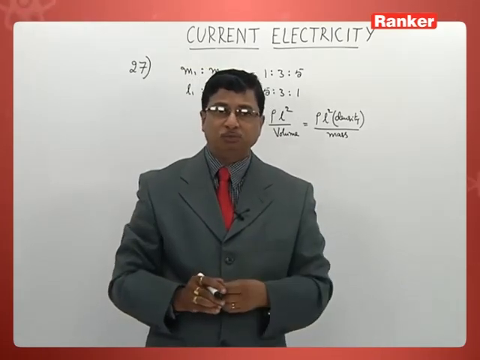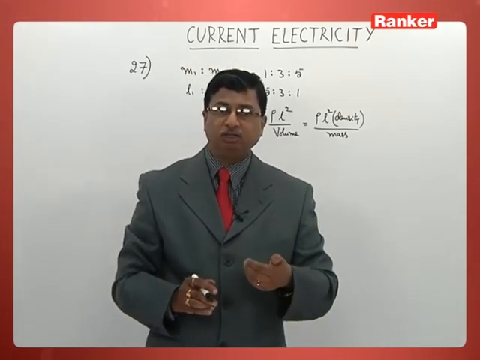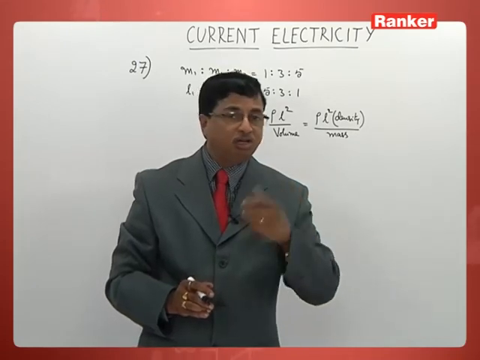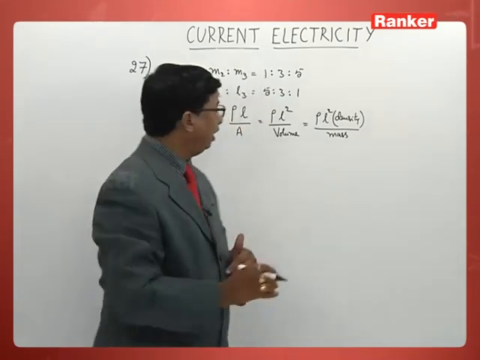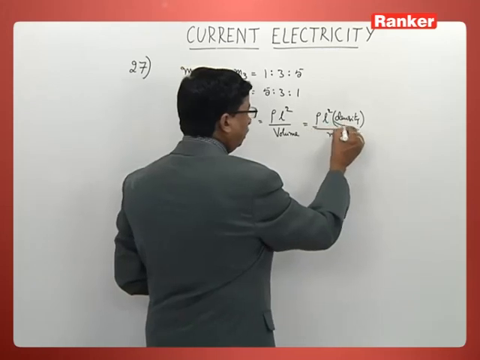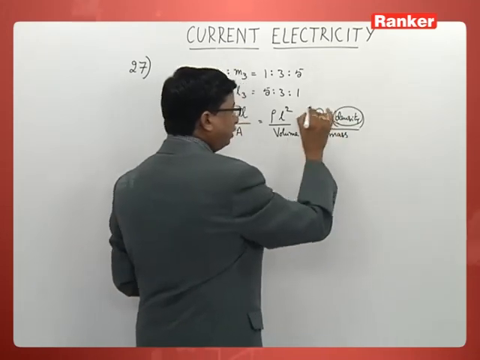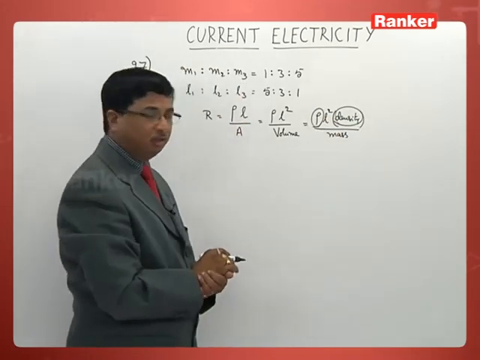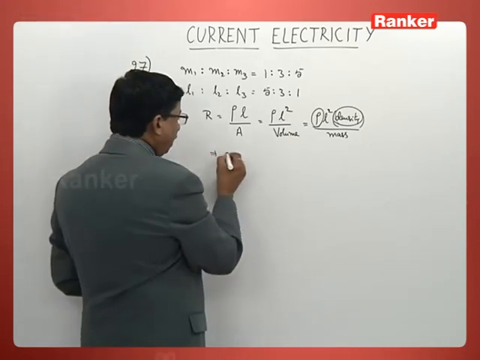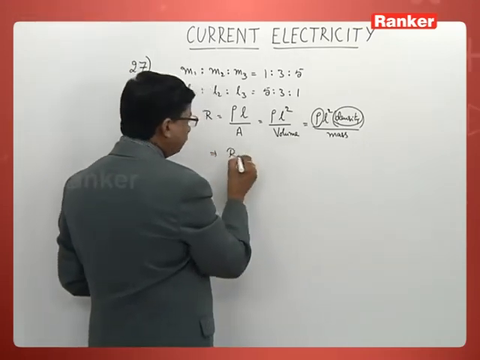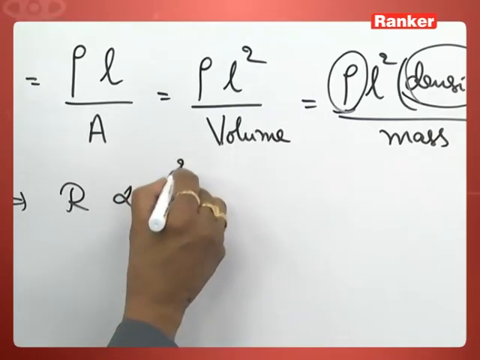What is it giving you? The idea of giving the name of the material. One can understand density is constant and specific resistance also is constant. So what can we write now? R is directly proportional to L square by M.